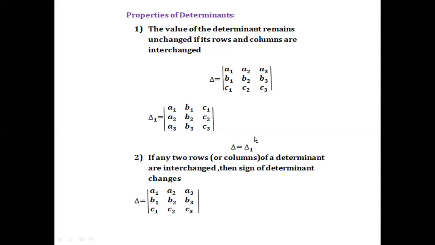Now second property: if any two rows or two columns of a determinant are interchanged, then the sign of the determinant changes. Here, this is a general determinant. If we change any two rows or two columns, then the sign of the determinant will change. See, this is the first row, second row and third row.